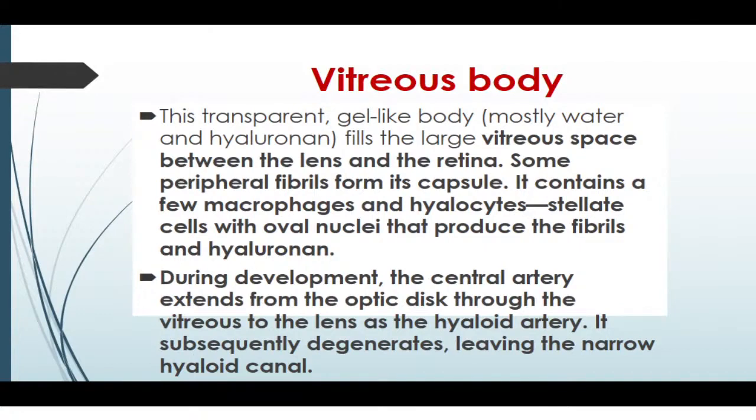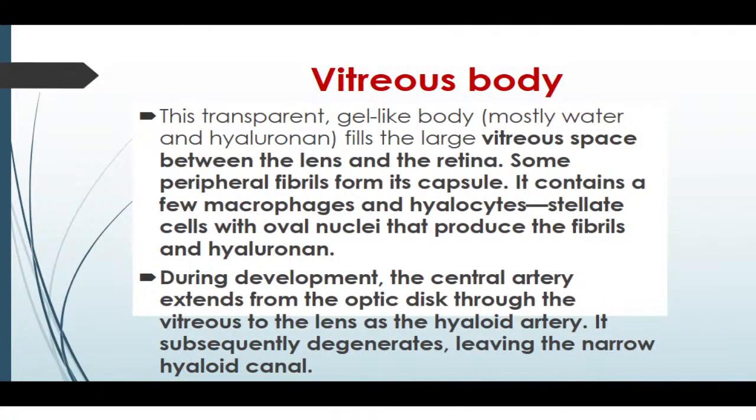It contains a few macrophages and hyalocytes, stellate cells with oval nuclei that produce the fibrils and hyaluronic acid. So remember, stellate cells are named hyalocytes. These are the cells of the vitreous body.